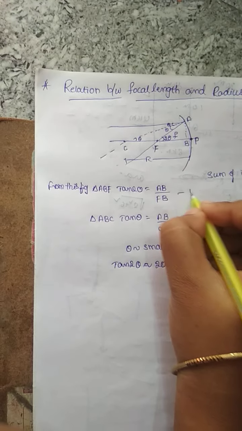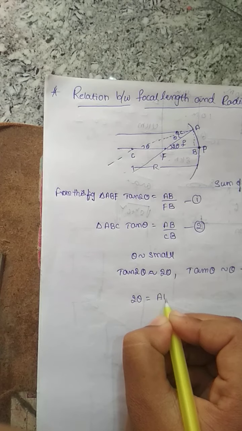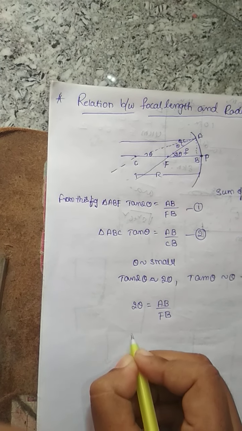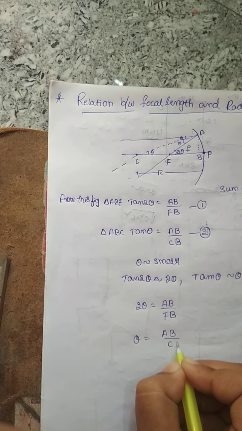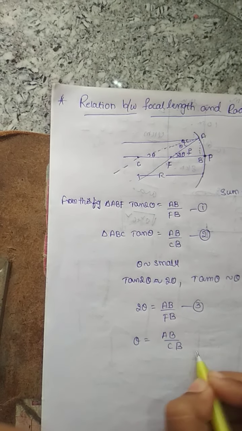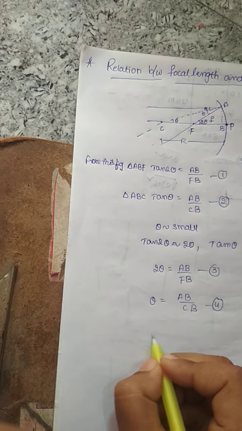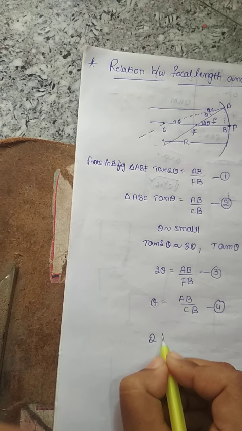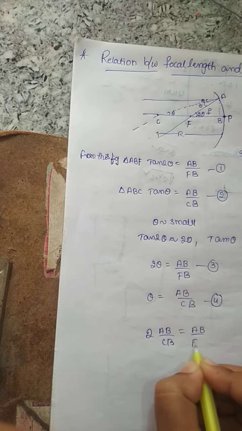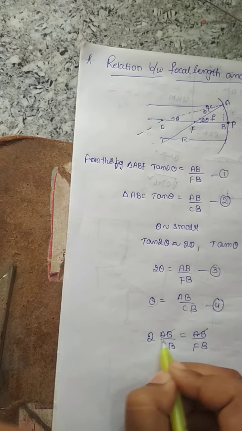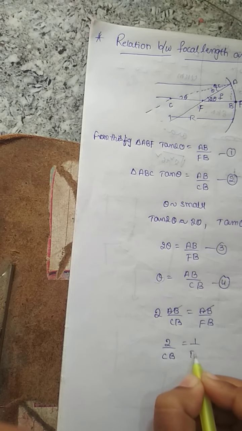So from equation 2, 2 theta is equal to AB by FB, and from equation 3, theta is equal to AB by CB. Substituting equation 4 in equation 3, 2 AB by CB is equal to AB by FB. AB gets cancelled, so finally we get 2 by CB is equal to 1 by FB.